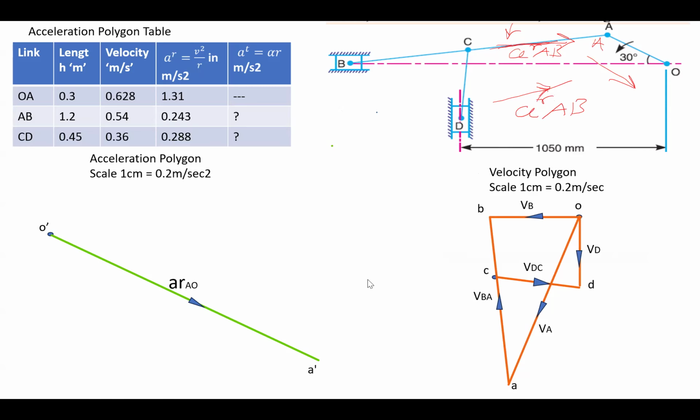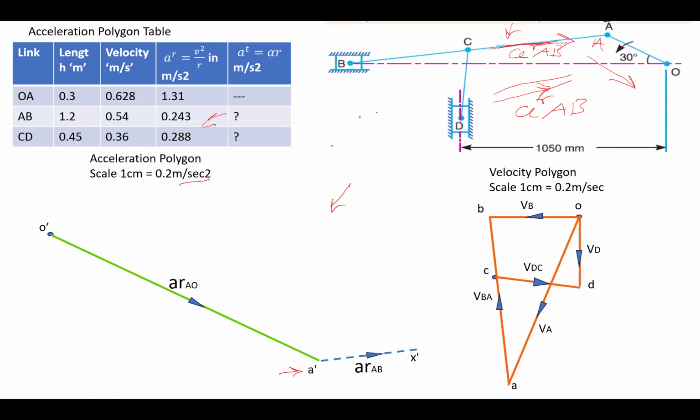You have to draw this in the acceleration polygon from either the A or B point, whichever is available. The A point is available here. So draw this line parallel to AB in the upward right direction with magnitude 0.243, using the scale. This is the radial component of AB.